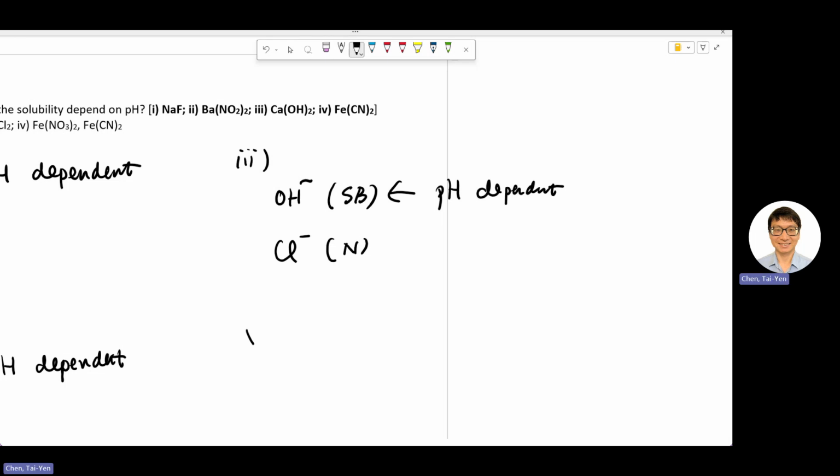The very last one, Fe(NO3)2, that's NO3 minus, and then the other anion. This guy is neutral. This guy is a weak base. Therefore, this guy will be pH dependent.